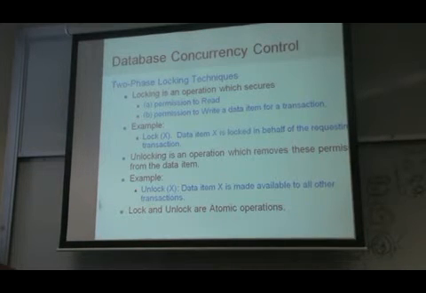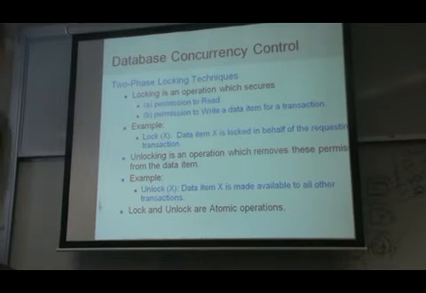You can lock the item for read, which means even the other transaction cannot read the data. That's called the read lock. And write lock means the other process can read the data but cannot write the data.